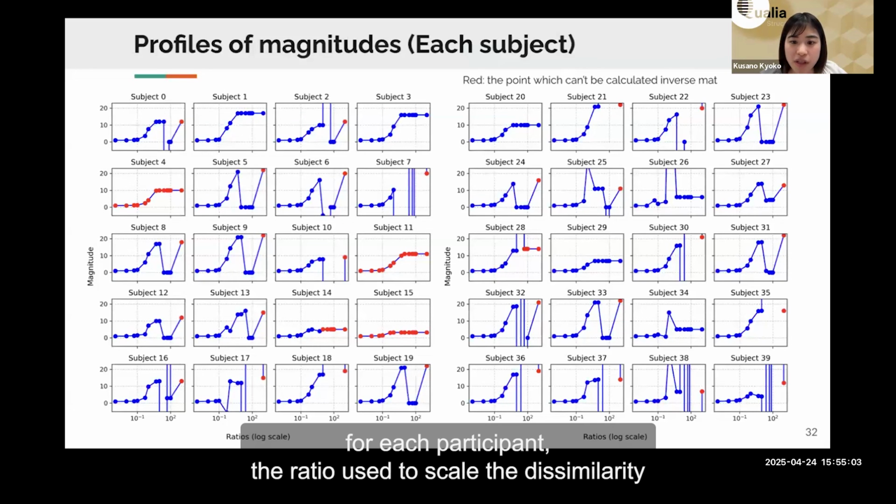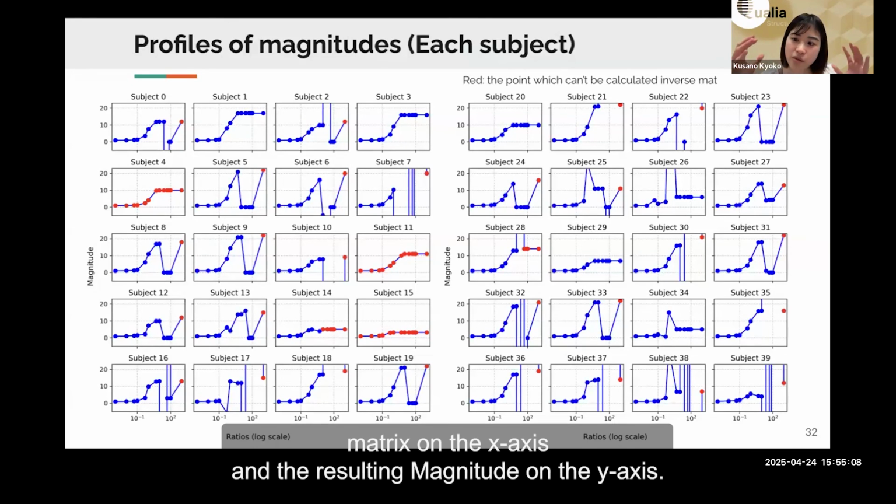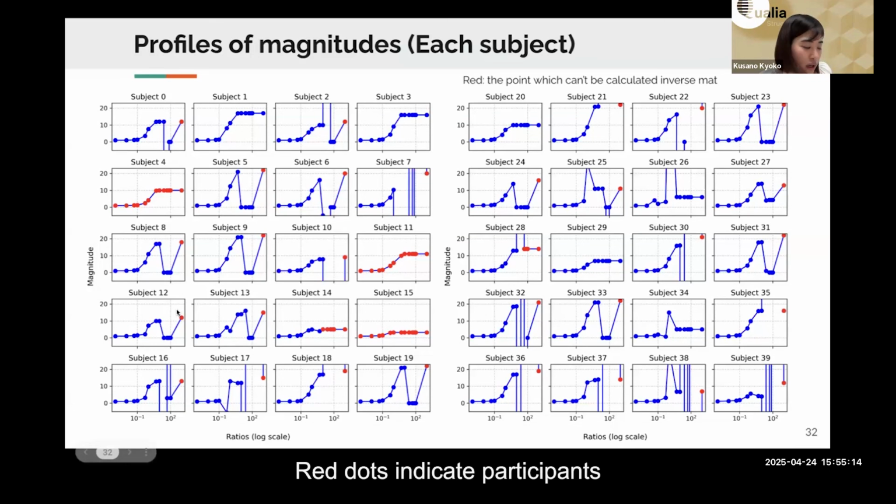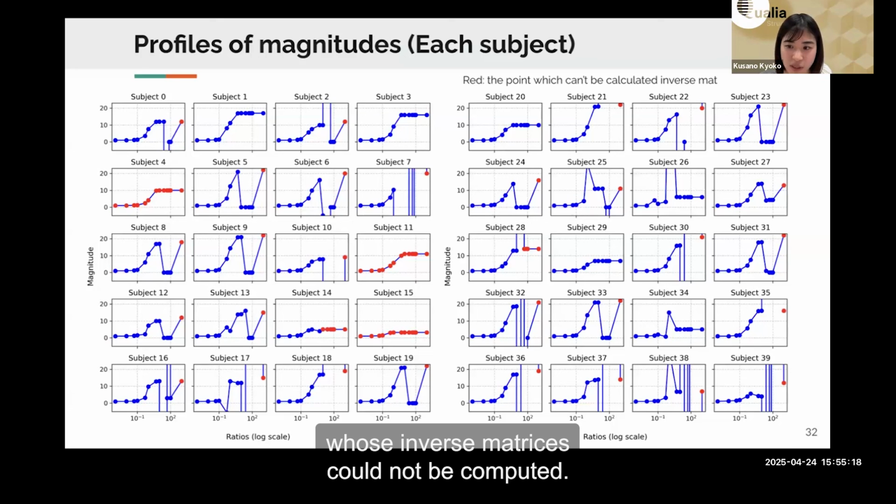This plot shows for each participant the ratio used to scale the dissimilarity matrix on the x-axis and the resulting magnitude on the y-axis. Red dots indicate participants whose inverse matrices could not be computed.